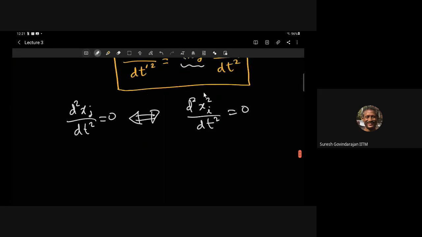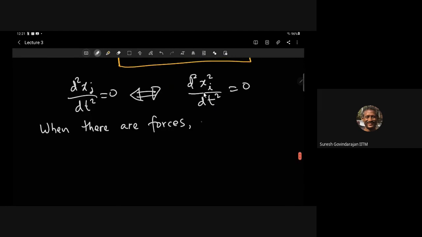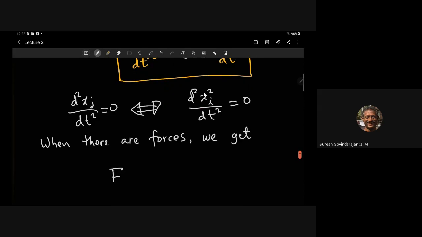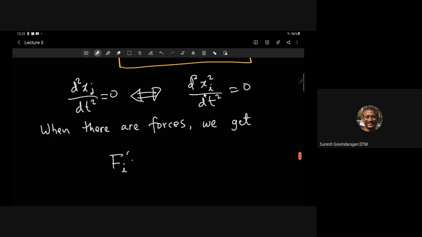So adding forces. When there are forces, this equation, we multiply by m, and the left hand side will become Fi prime equal to Rij Fj.